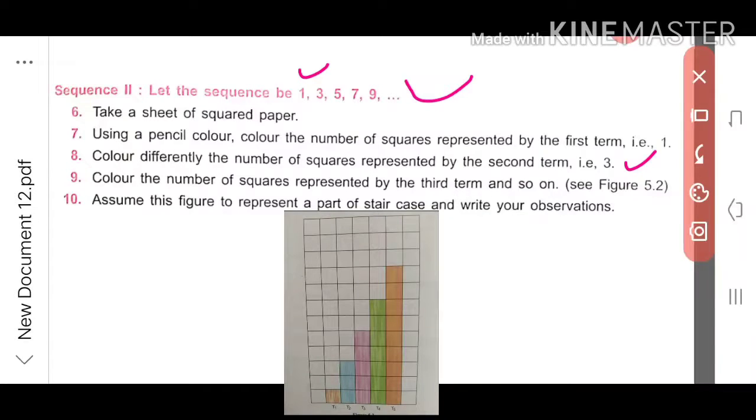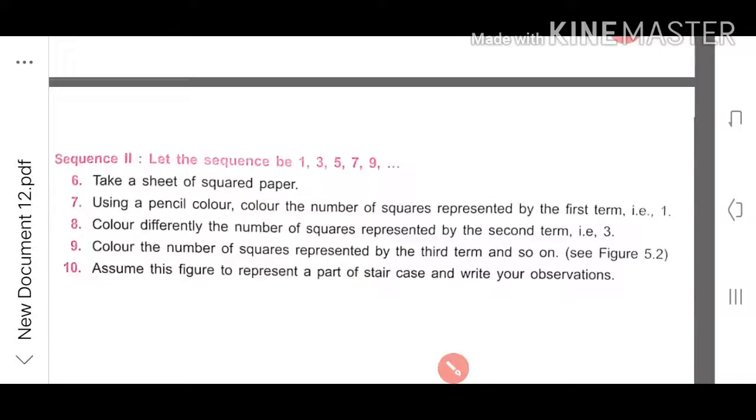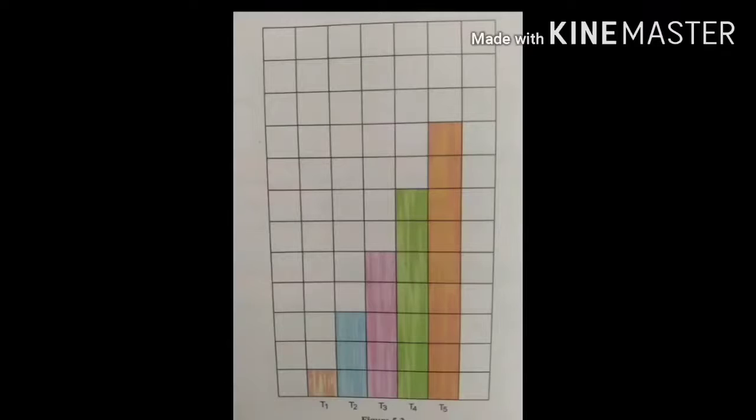Look here, assuming the figure represents a part of a staircase, write your observation. You will get the sequence 1, 3, 5, 7, 9. So the first has height 1, the second has height 3, the third has height 5, then height 7, then height 9.